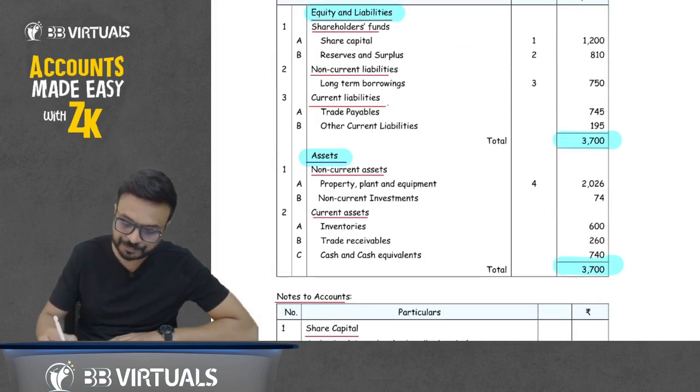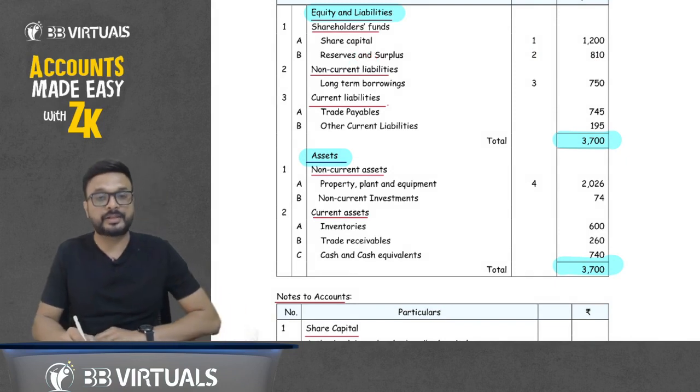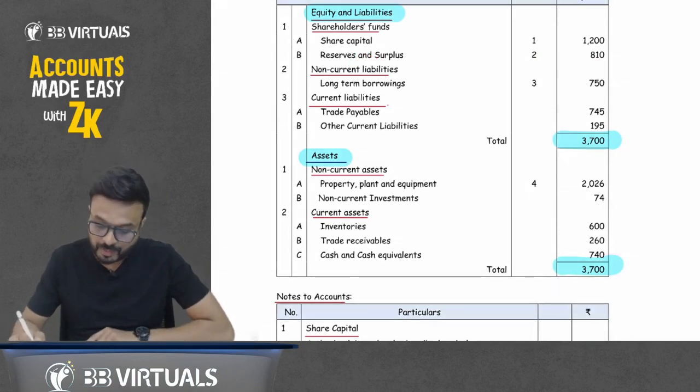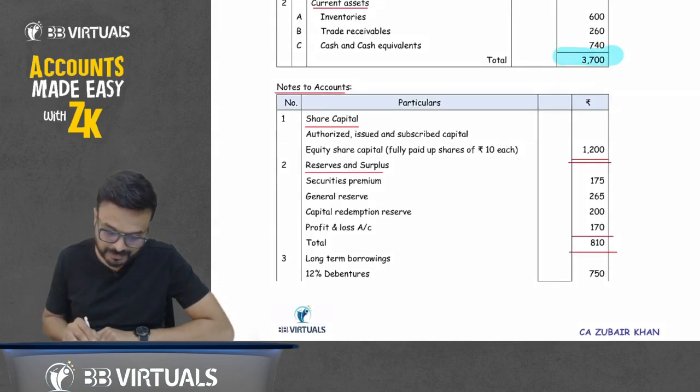Now they have given the information of the total 810. Note 2 is related to reserve and surplus. Here you can see reserve and surplus: securities premium balance 175, general reserve balance 265, capital redemption reserve 200, profit and loss account 170.